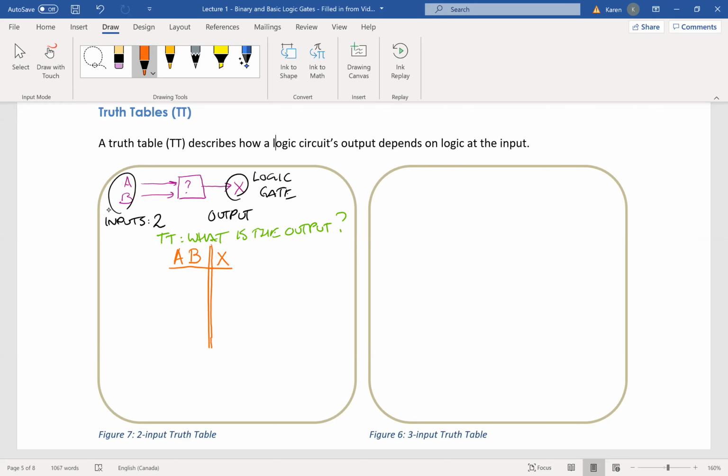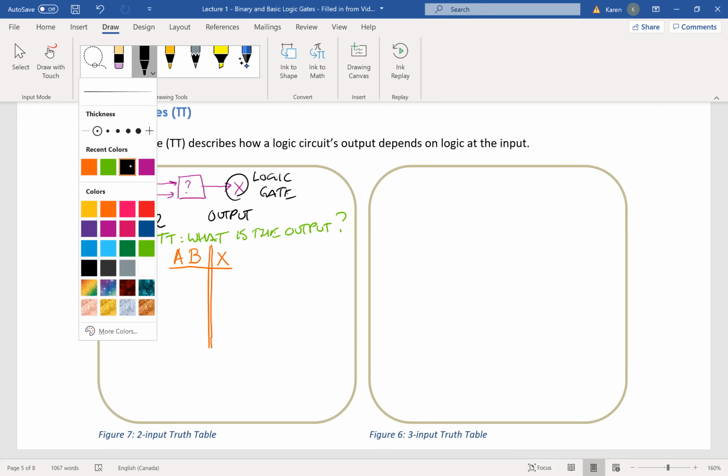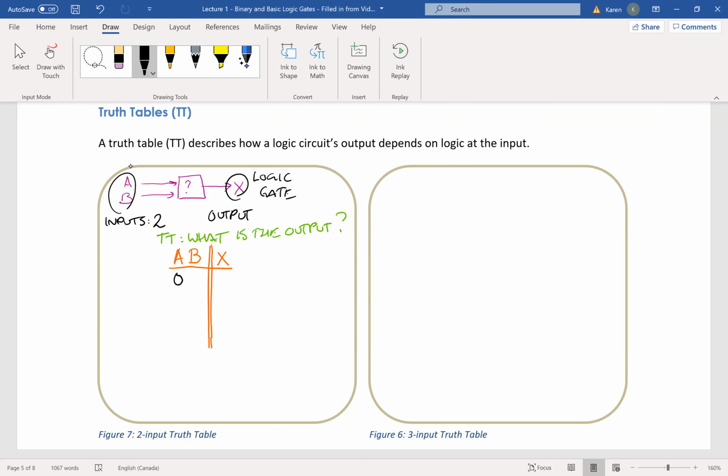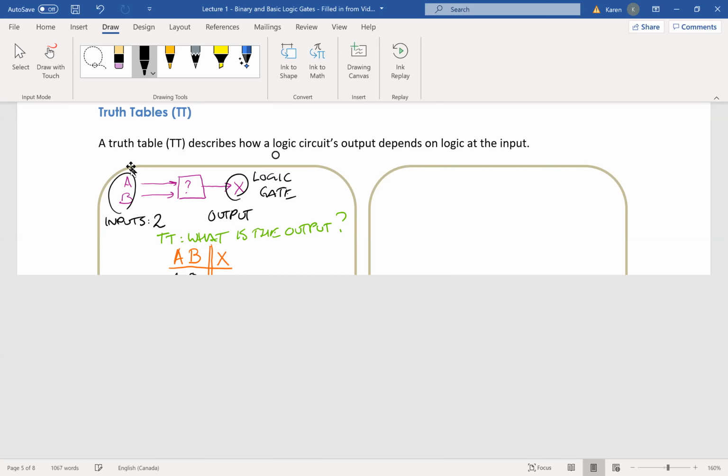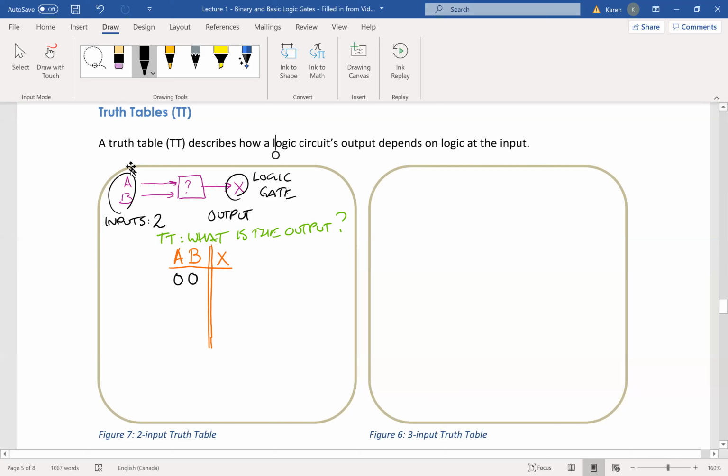So A could be the binary value 0, B could be the binary value 0. A could be 0 and B could be a 1. Or A could be a 1 and B could be a 0. Or A could be a 1 and B could be a 1.